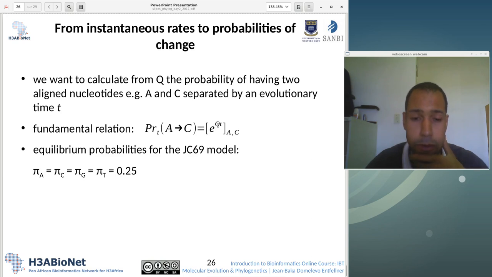Okay, matrix exponentiation is an operation that takes a matrix as a parameter and produces a matrix also. Okay, so Q is a matrix, you multiply by t, meaning you multiply all coefficients by t, and then you find its exponentiation. It's usually performed by first diagonalizing the matrix.